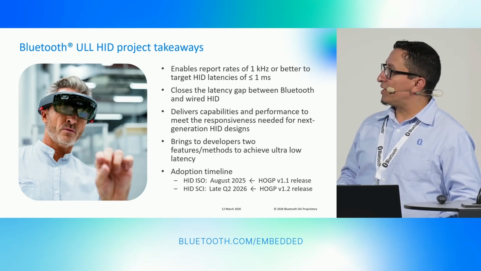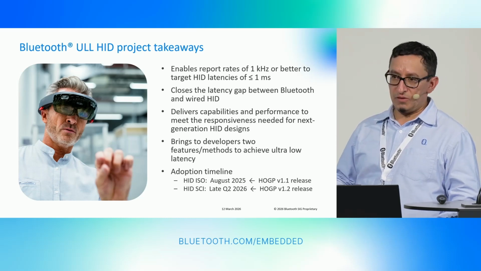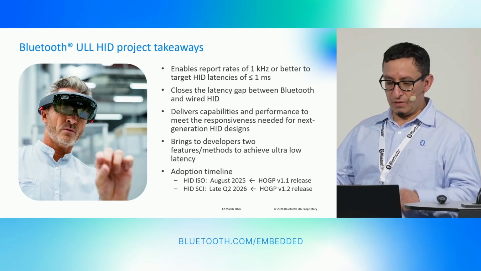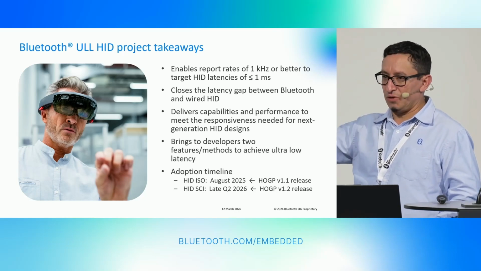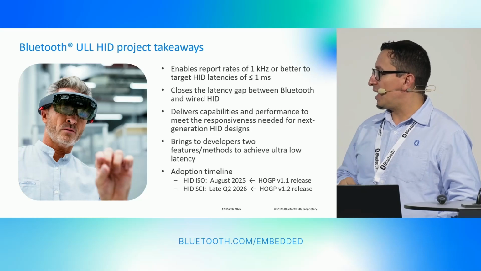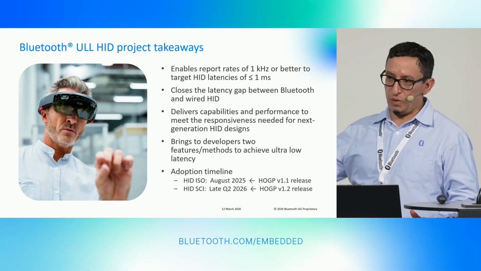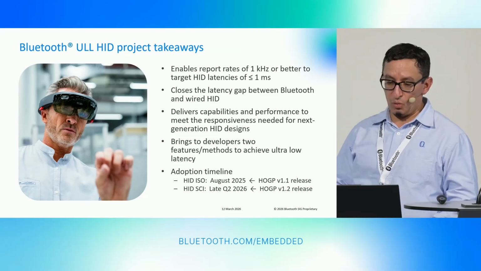The ULL HID project brings to developers two methods to achieve ultra-low latency, HID ISO and HID SCI. In terms of an adoption timeline, HID ISO is already out the door. HID SCI is coming out in late Q2 with the HOGP version 1.2 release.